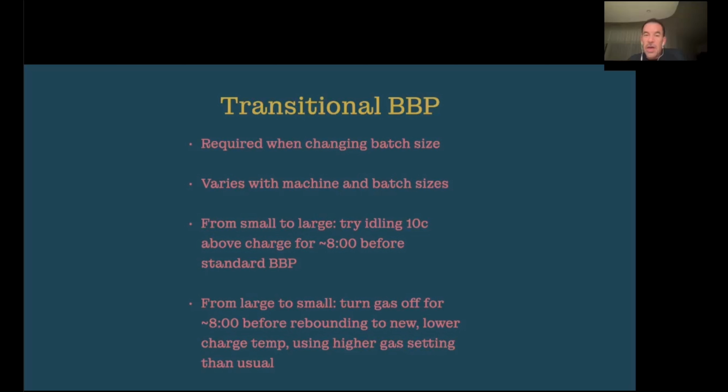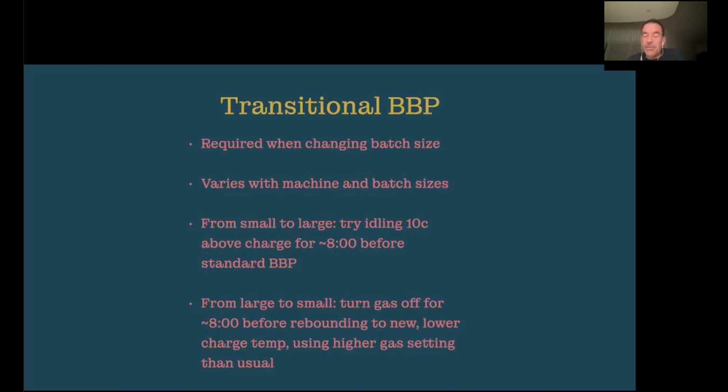So to make the first 10 kilo batch run according to plan, you need to idle the empty machine a bit hotter than your charge or end temperature for quite a while before going into your BBP for your first 10 kilo batch. I would recommend starting by idling about 10 degrees Celsius or 20 Fahrenheit above the average of your charge and end temperatures for about 8 minutes. Then do your 10 kilo BBP, then charge your first 10 kilo batch.